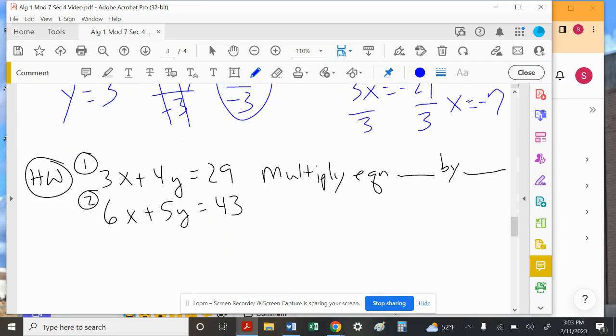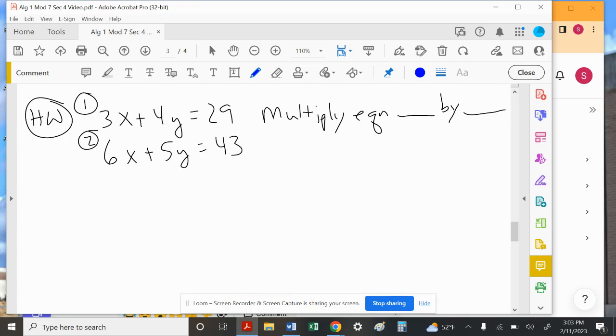Okay, last problem. So notice this one. Again, I can do two things. Now, I'm going to do this one the hard way, just so that I can show you that it would still work regardless of how we want to do this, but these numbers are going to be pretty large. Now, notice that I have a 3 and a 6. So the easiest thing to do would be to multiply equation 1 by negative 2, and I'm done. But notice that I have a 4 here and a 5 here.